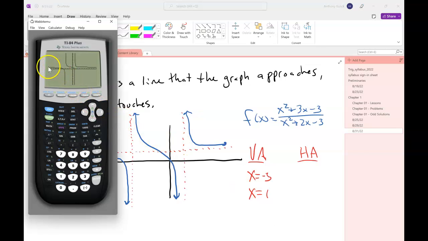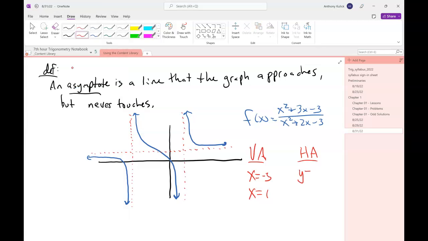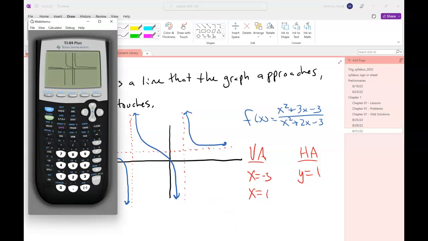And then there also looks like there's a horizontal asymptote coming through right here. Did you guys see that? That appears to be at y equals 1. Are you okay with where I'm pulling these numbers from? That I'm just reading them off the x or y axis on my graph? Do you guys see what I'm looking for? Okay. So these are what I believe are the asymptotes based on just looking at the picture.